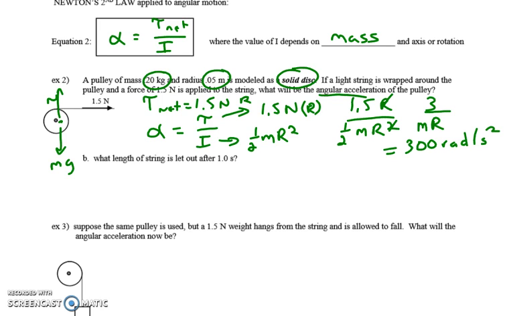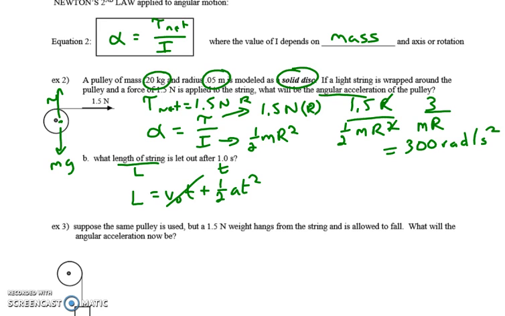And then I ask what length the string will be let out after 1 second. That's now a kinematics problem. What length is L? This is t. What we found is alpha. So if we want to find L, that's a distance. I'm going to say distance equals v naught t plus 1/2 a t squared, where v naught is initially 0.